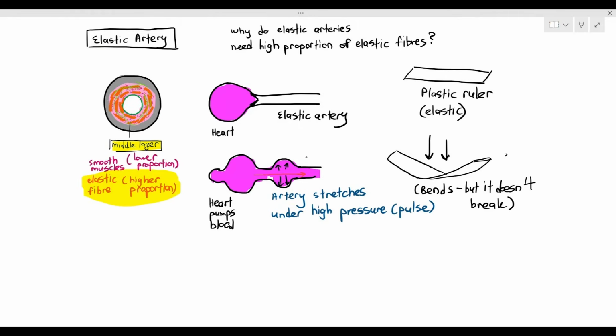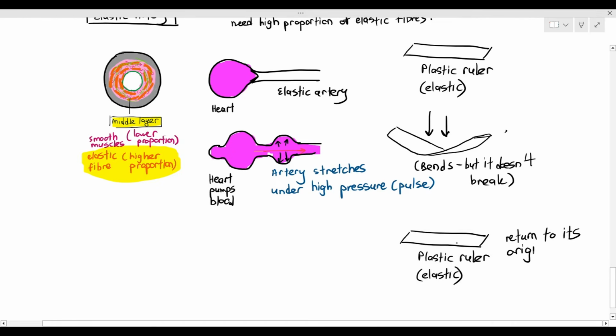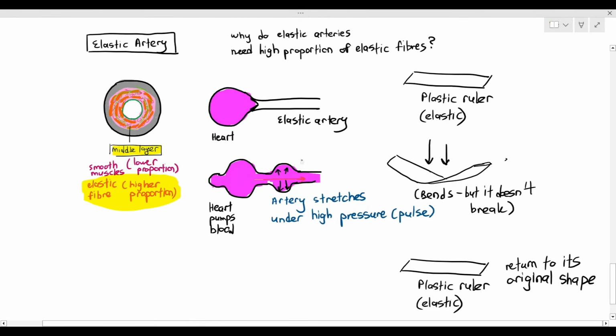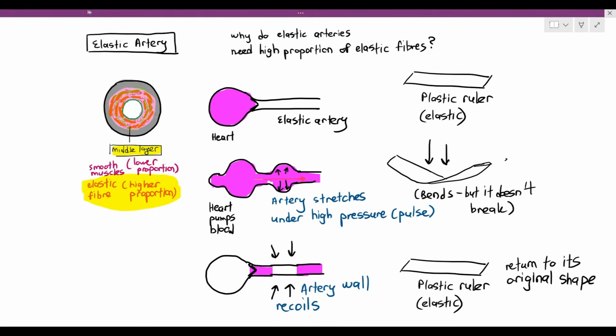And of course, the plastic ruler, when you let go, when you do not apply pressure on it anymore, it returns to its original shape. The same thing happens to the artery wall, because when the heart relaxes, the artery wall does not remain bulged outwards. Immediately it will recoil back to its original shape.